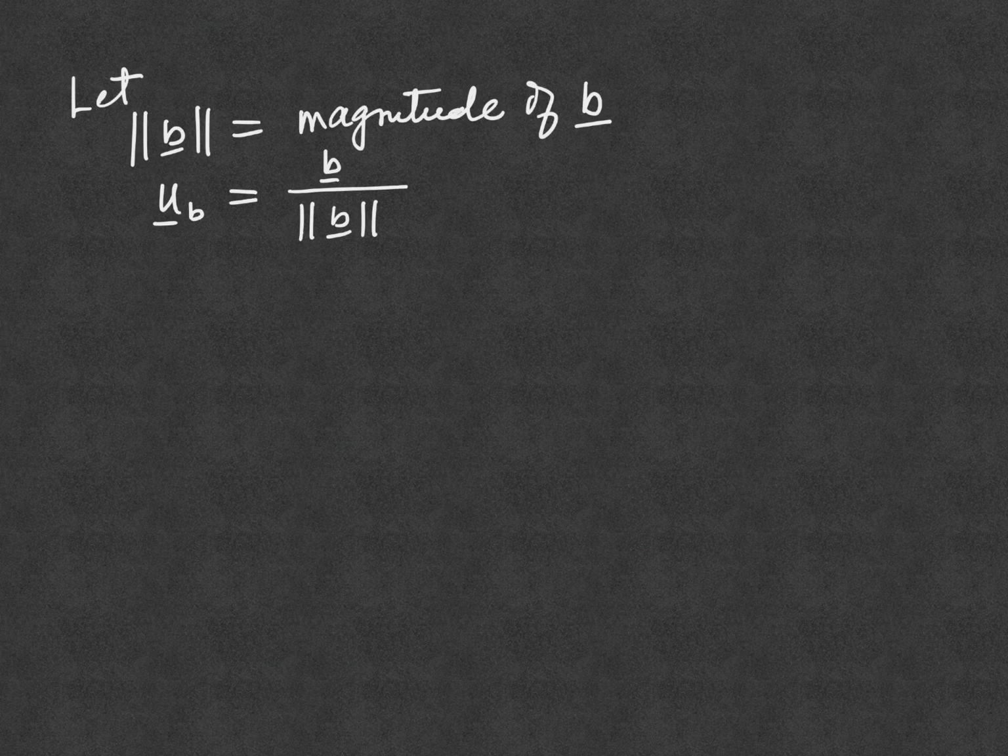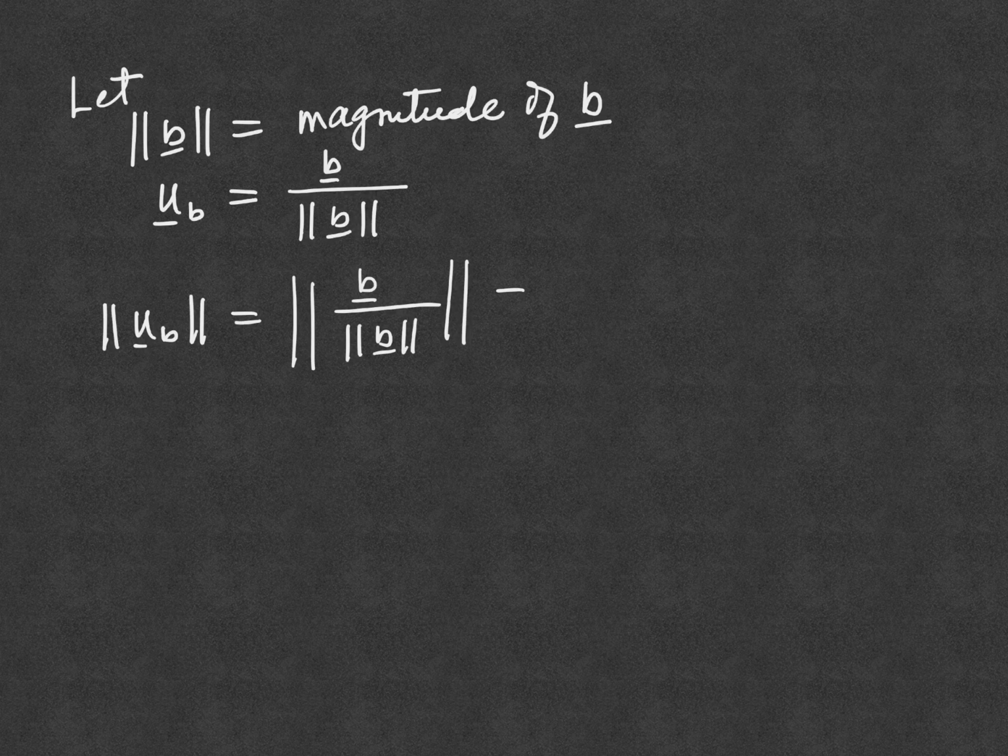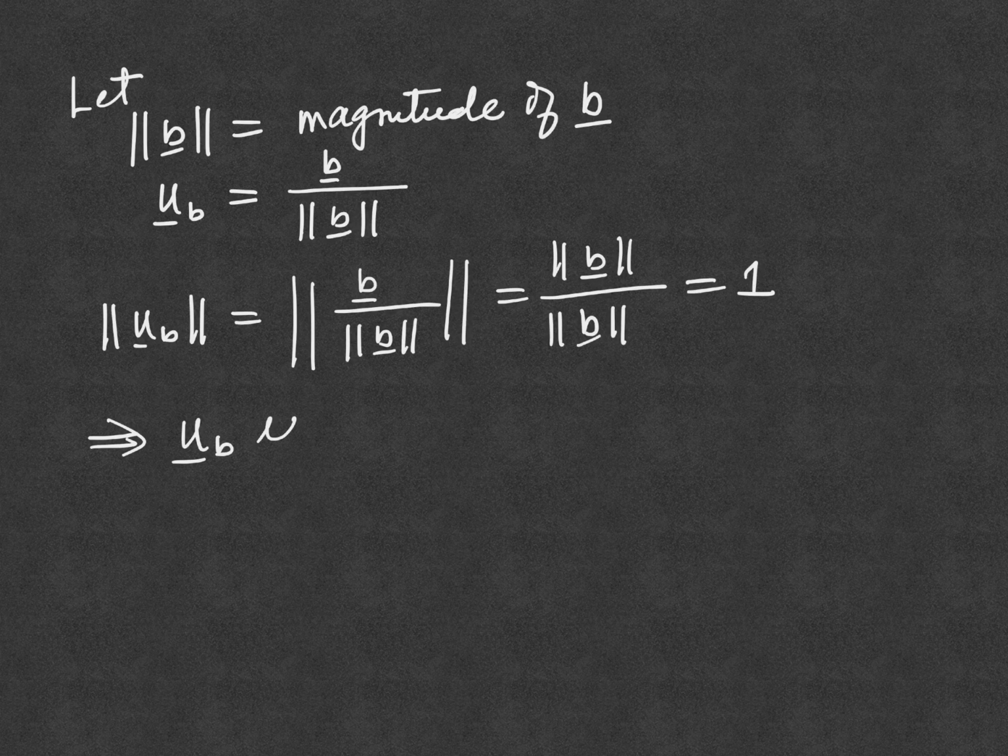Now you can actually see that if I take the magnitude of UB, that's equal to the magnitude of B divided by the magnitude of B, which is just equal to 1. So that implies that UB is a unit vector.